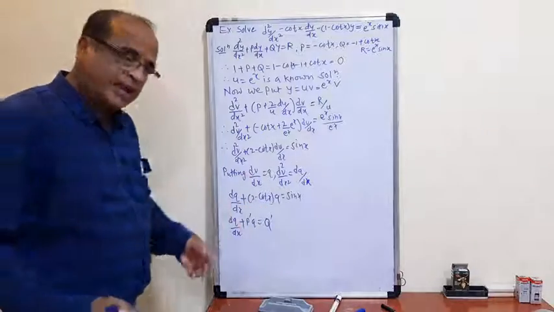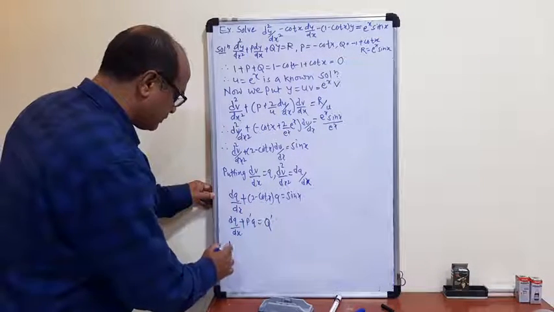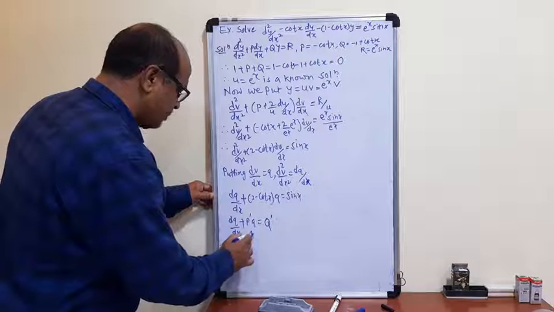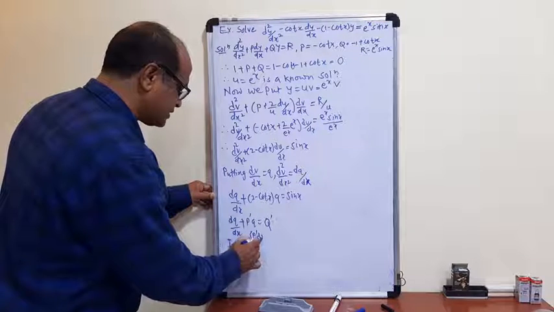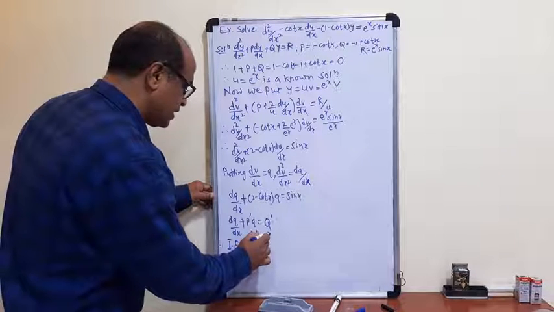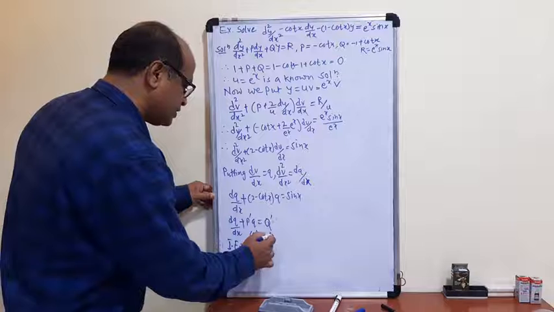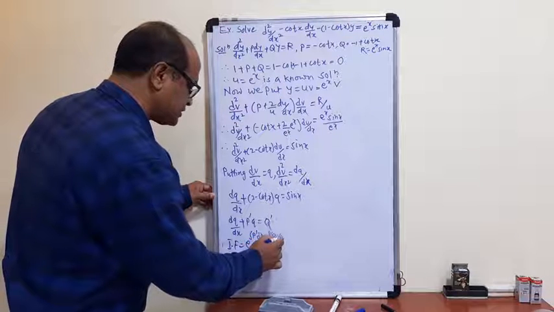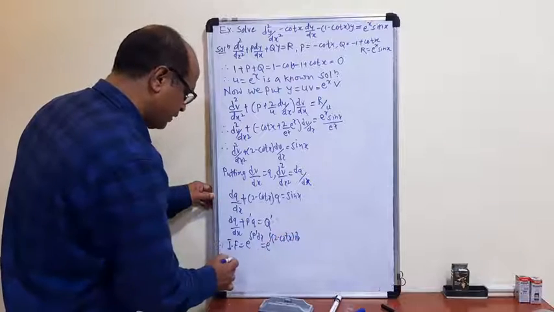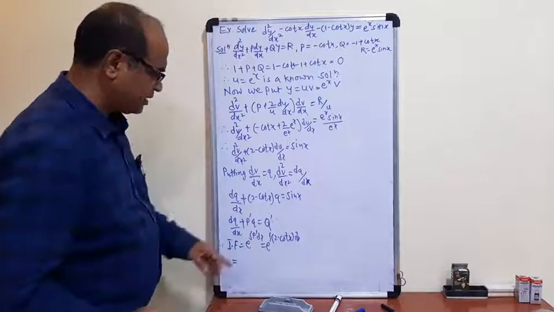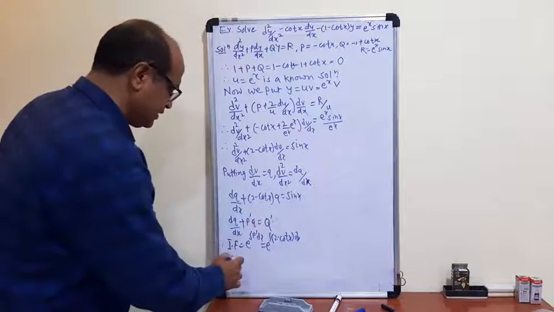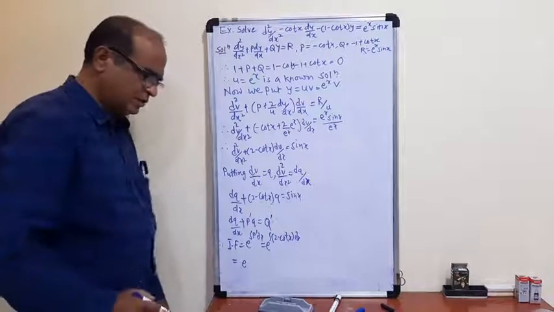Before that we have to find the integrating factor. The integrating factor is e raised to integration of p dash dx, which is equal to e raised to integration of (2 minus cot x) dx. So therefore the integration is e raised to, what is the integration of 2 dx? That is e raised to 2x.